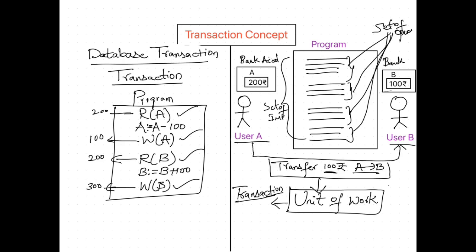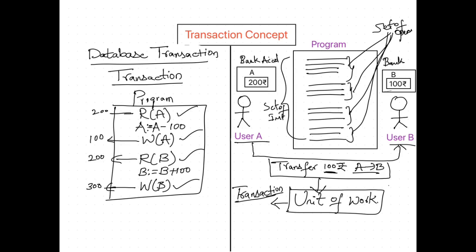All these operations are logically related. Why? Assume these operations are not performed in this sequence and are performed in another sequence. Will the transfer of 100 rupees from A to B be performed? Of course not. To transfer 100 rupees from A to B, these operations must be performed in sequence. So what is that logic?